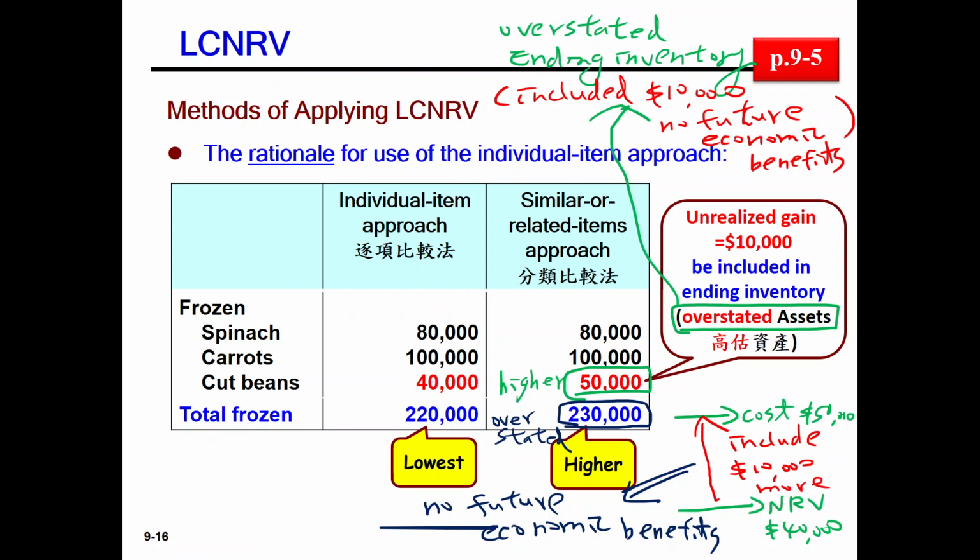Because with the second method you still include some numbers that don't have future economic benefits. Okay, any questions? Okay. So either way depends on your company situation. You can use either one, it is okay.